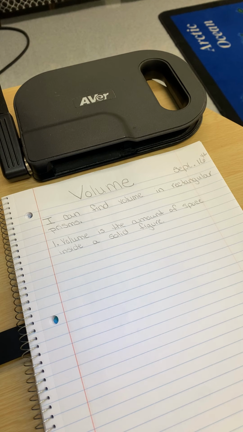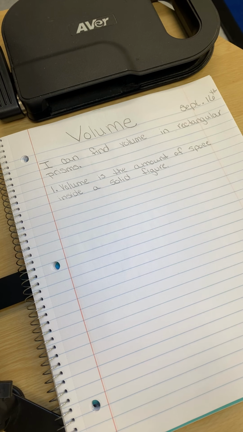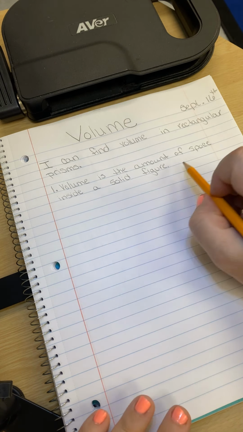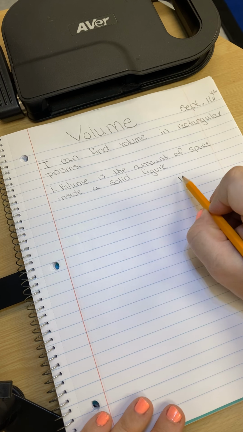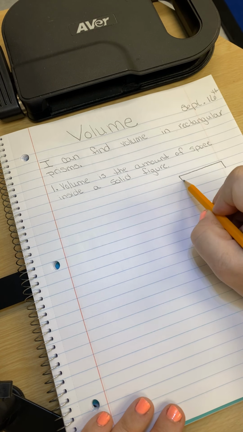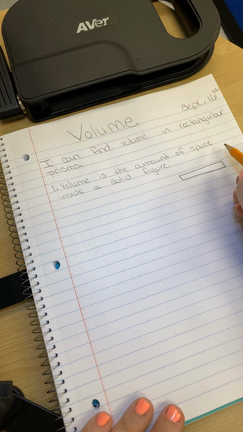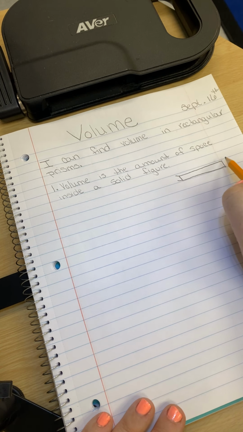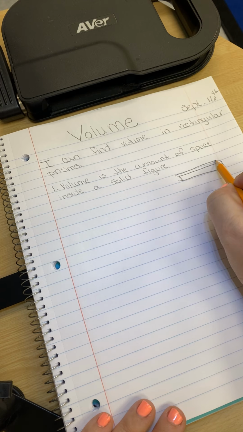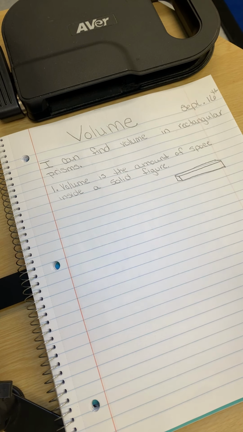All right. And we were talking about this with a Lego kind of situation. So if I wanted to make a laptop out of Legos, the volume is the amount of Legos it would take to build that shape. For example, if I wanted to make a straight line, I'm going to make a wall out of Legos.